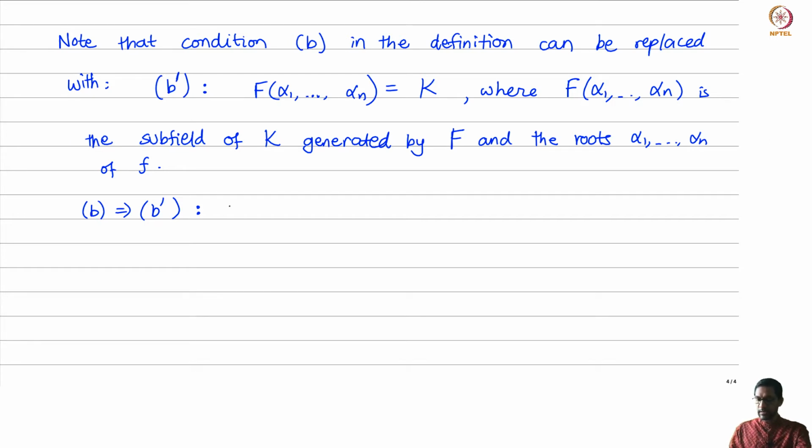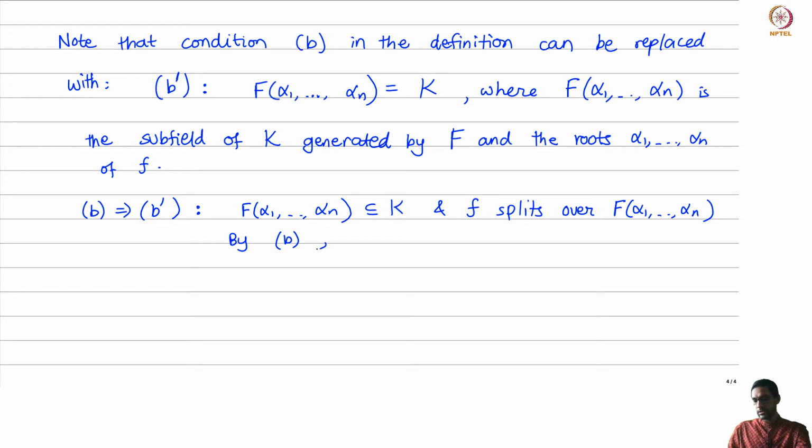Now if you assume that, then B dash follows, because f(alpha 1 through alpha n) will in fact be a subfield of K, and the polynomial f certainly splits over this subfield. So by the hypothesis of B, this cannot happen unless this subfield is the whole field.